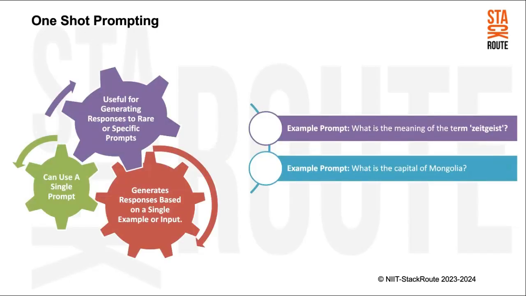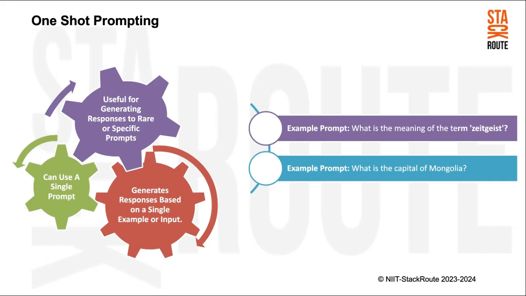And the next one is one-shot prompting. One-shot prompting refers to the ability of the model to generate responses based on a single example or input. This means that the model can use a single prompt and generate a coherent and relevant response without requiring additional training or fine-tuning.